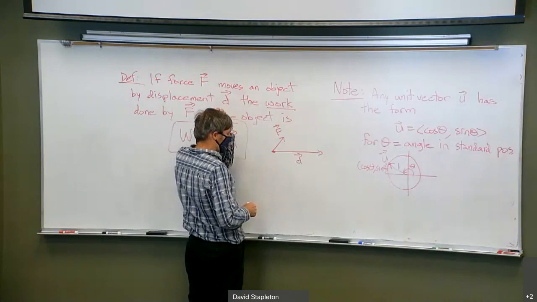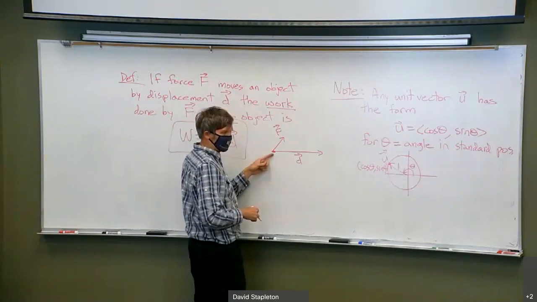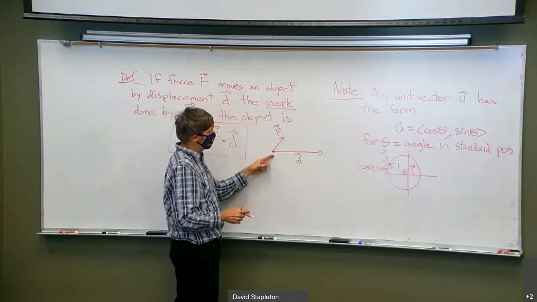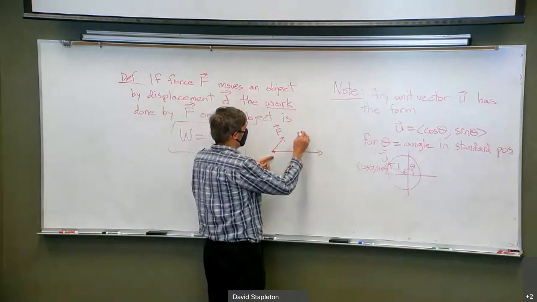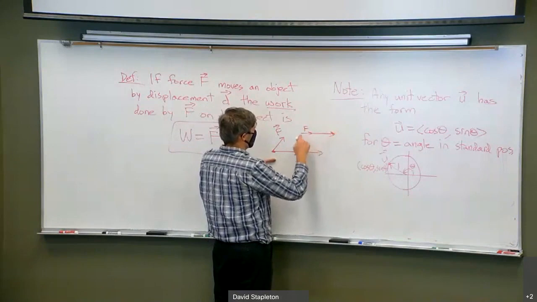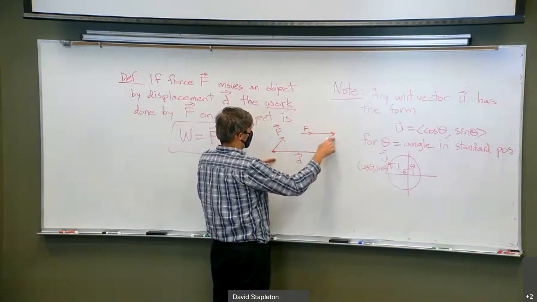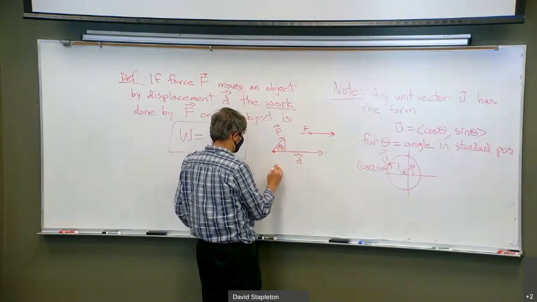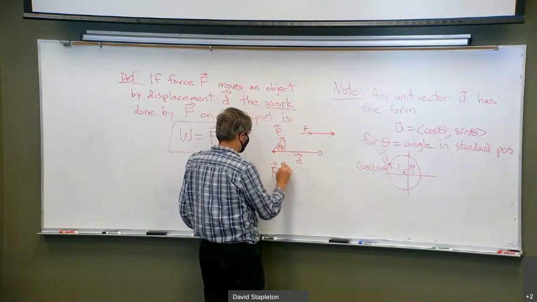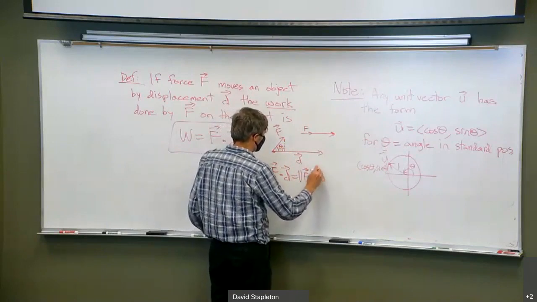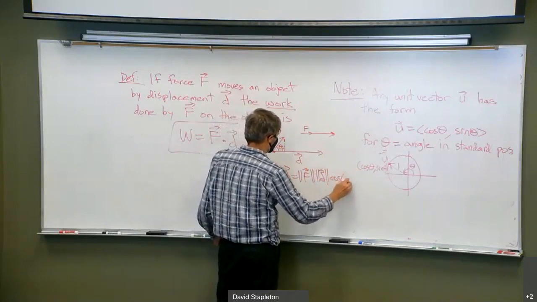You may have heard before that work is force times distance. Have you ever heard that before? Provided the force is pushing in the same direction, force times distance along a line. If the force points along the line and you make a displacement vector d, then it's just the length of force times the length of the distance. But if the force is at an angle, you're considering an angle theta between them, and you say F dot d, since it's length of F, length of d, cosine of the angle between them.